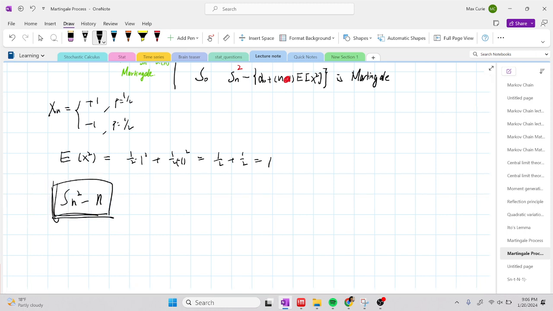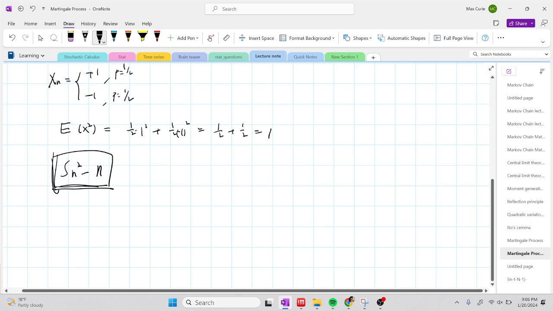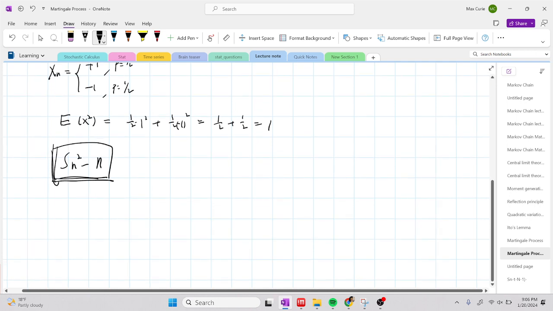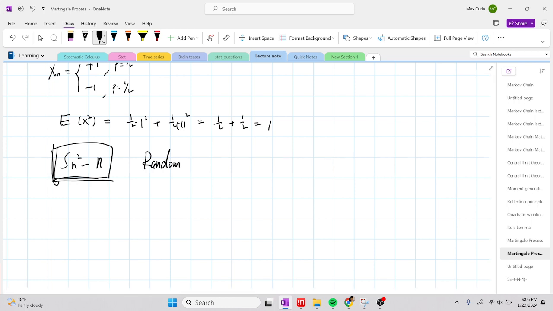And this will be useful to calculate random walk. You can use the property of this being a Martingale, and this as a Martingale, to solve for total steps, probability of termination, and steps of termination.